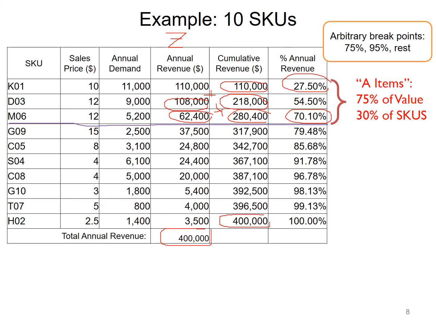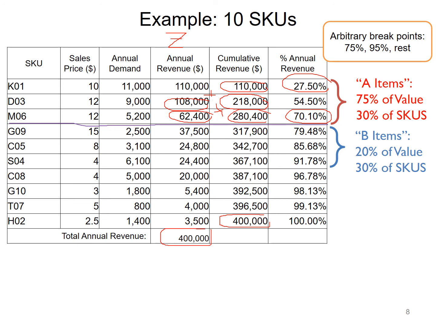So 75% means our A items are going to capture up to 75% of the annual value. In this case, this is only 3 of the SKUs. The first 3 SKUs make up 70.1% of the total value. The arbitrary breakpoint is 75%, so the B items are from the 4th SKU to the 6th SKU.